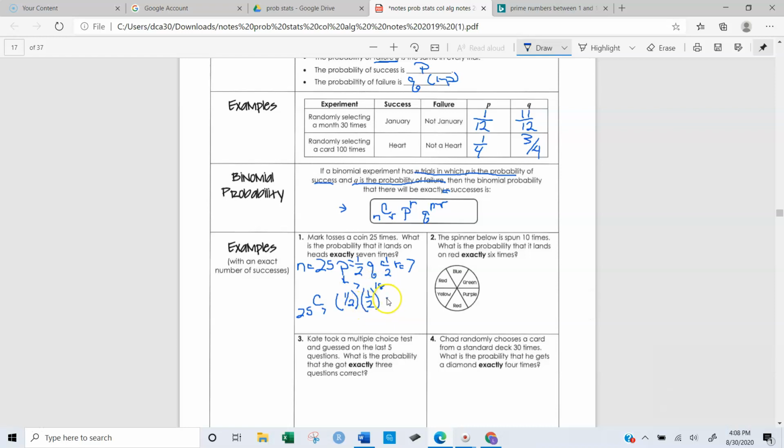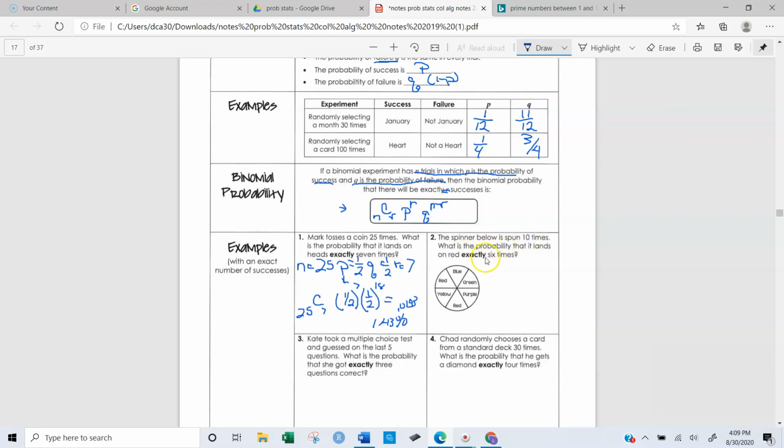All you do is type that in your calculator and you get 0.0143, which is 1.43% that this will happen. So if I flip a coin 25 times, it lands on heads exactly 7 times only 1.43% of the time. Okay, let's try the next one.